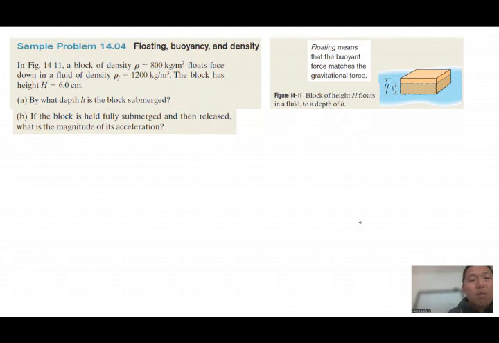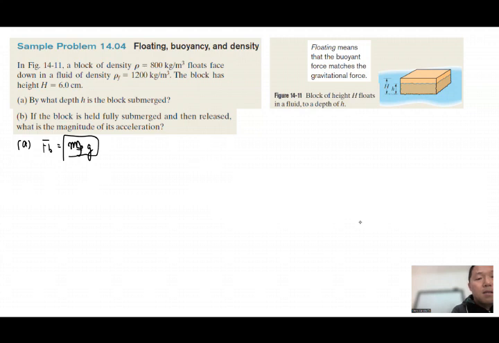Part B: if the block is held fully submerged and then released, what is the magnitude of its acceleration? Let's take a look at the first case. The buoyant force is the same as the gravitational force applied to the fluid which is replaced by that block. So for part A, the buoyant force is the effective force from the volume of fluid replaced by the box.